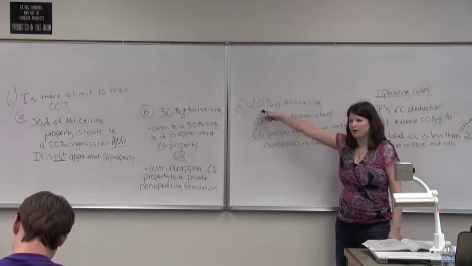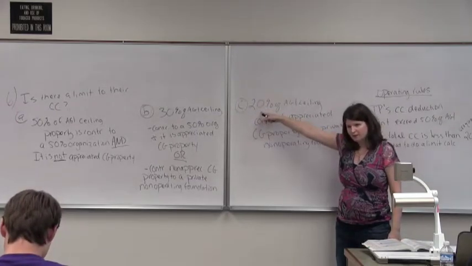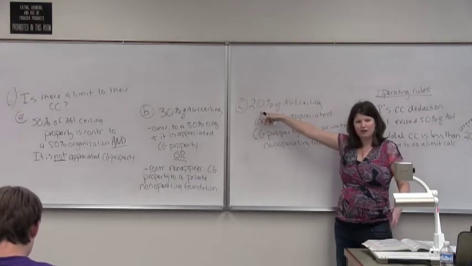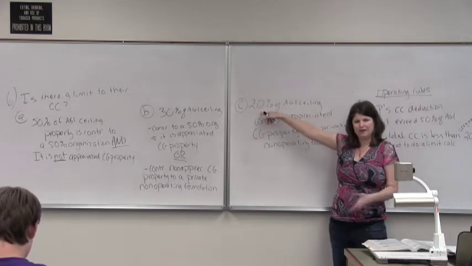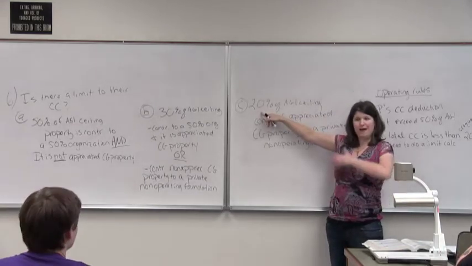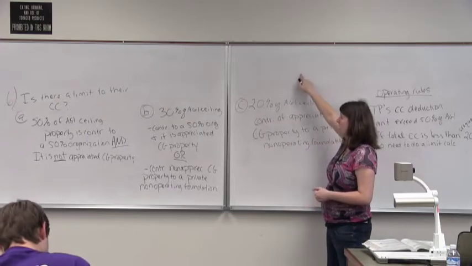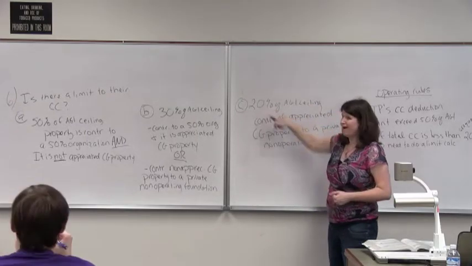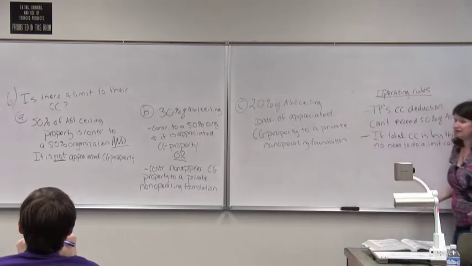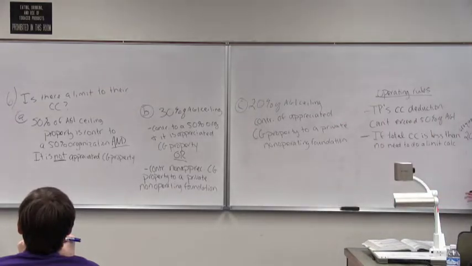Because the lowest one is 20%. It's not going to impact the amount that you are able to take a deduction. Because the maximum amount that that taxpayer can deduct with an AGI of $100,000 is $20,000. And they're only contributing $15,000. So not an issue, okay?